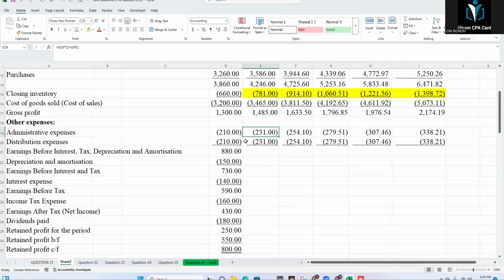Imesha kupea 231. So ukishapata 231 una drag.